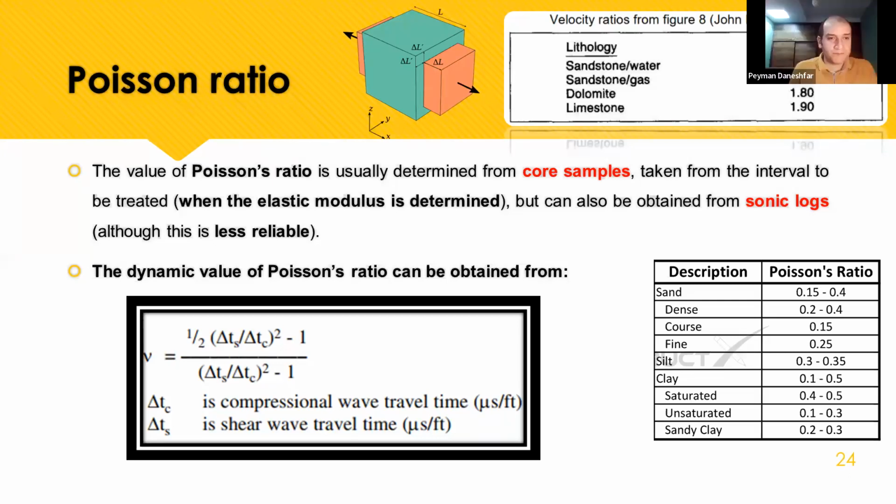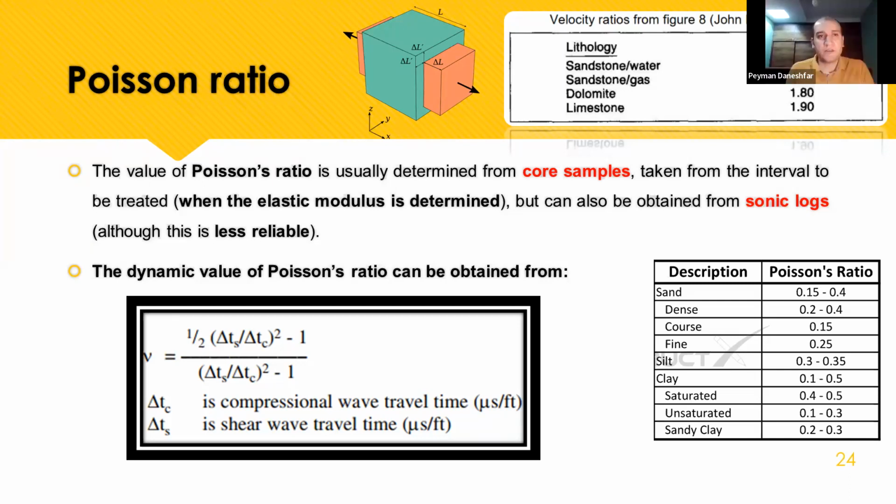You can see that it depends on the compressional wave traveling time and the shear wave traveling time. Here is a table about sandstone, dolomite, and limestone. It's the ratio between the shear wave traveling time and the compressional wave traveling time.